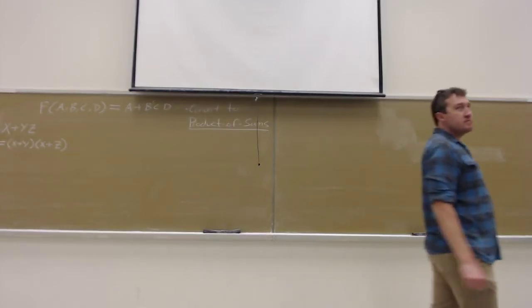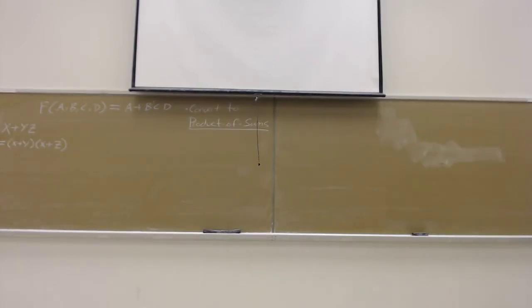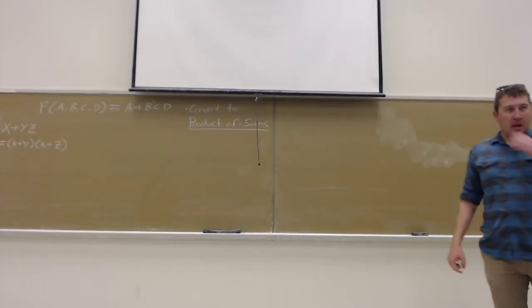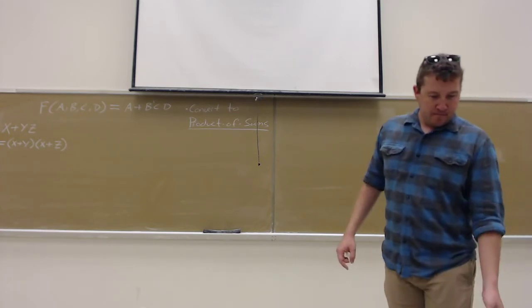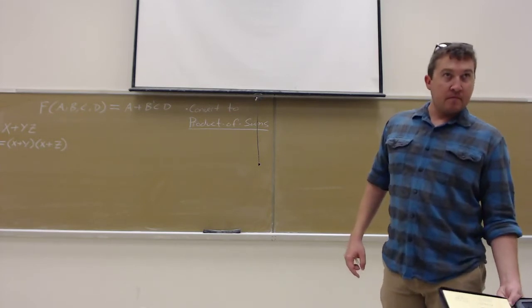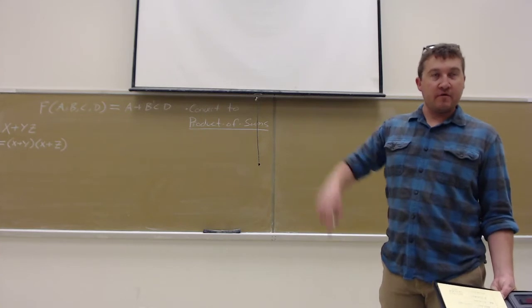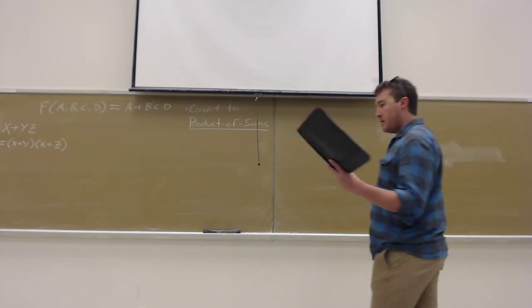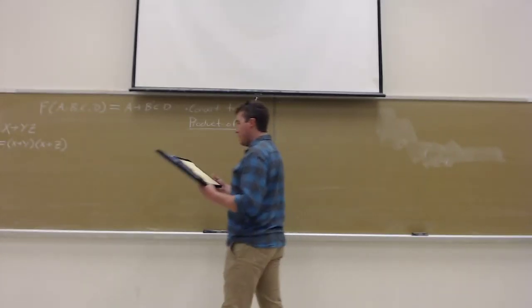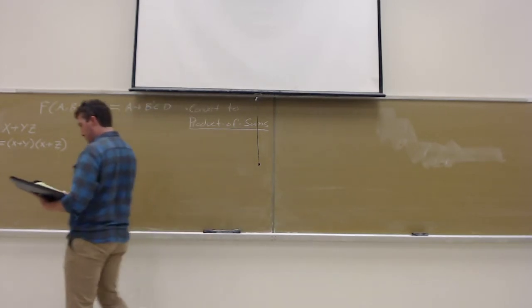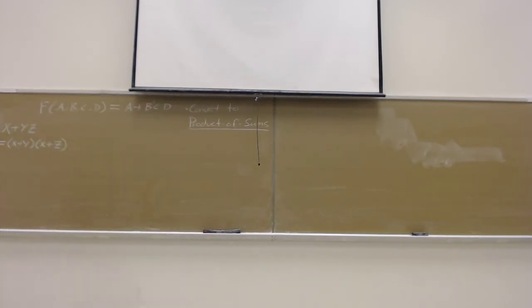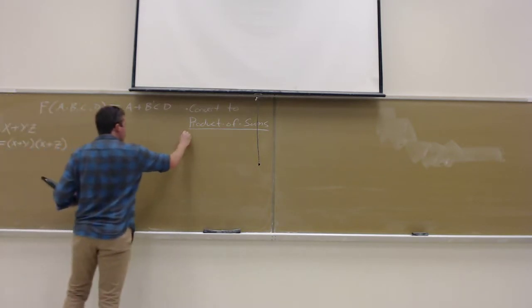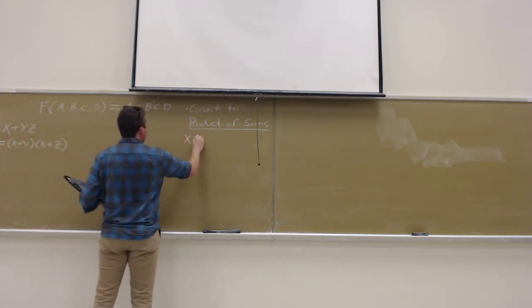What do we got? What you got? A and is the plus and or is it or? No, flip it over. A or B naught, and A or C and A or D. Cool. How'd you get that? I used the second distributive rule, treated A as X, B naught as... Hold on.